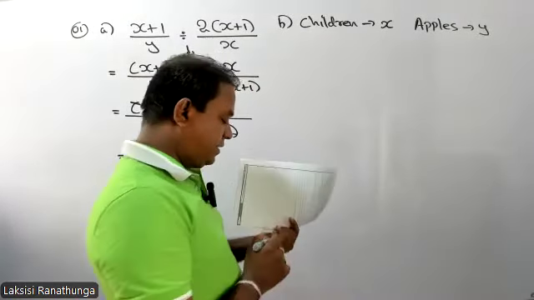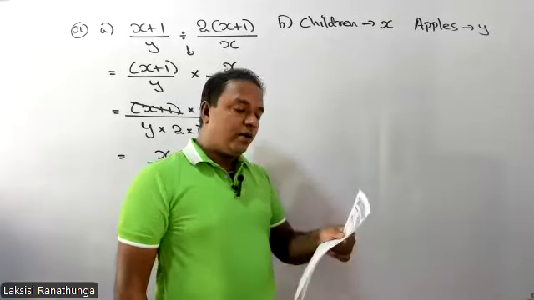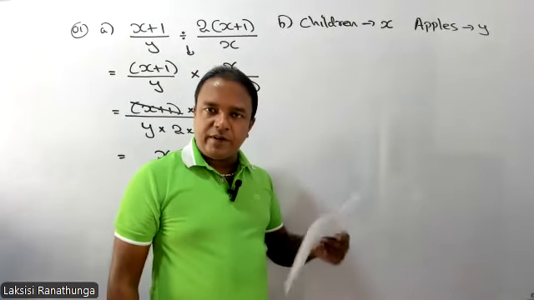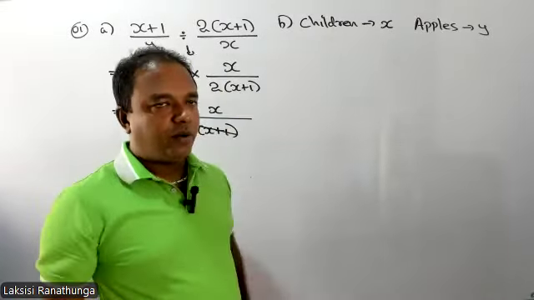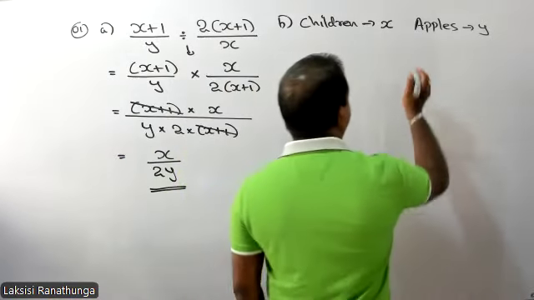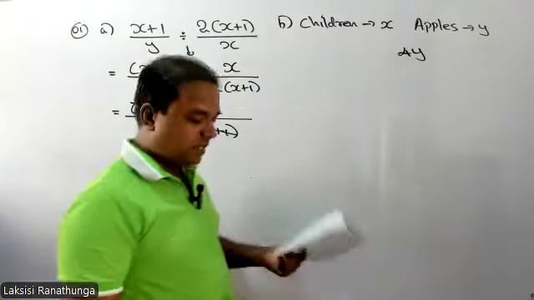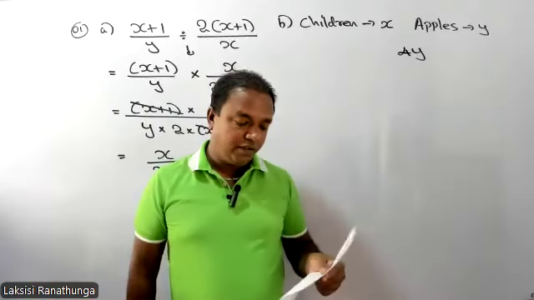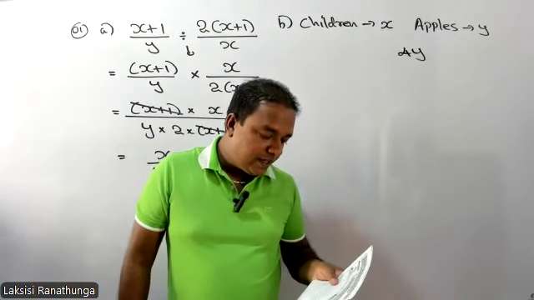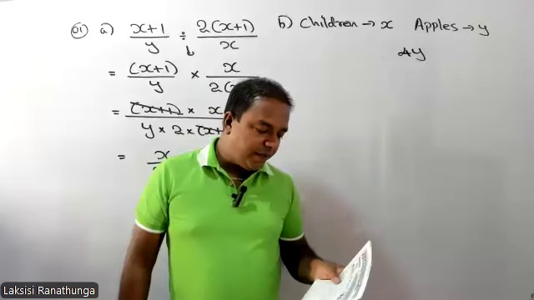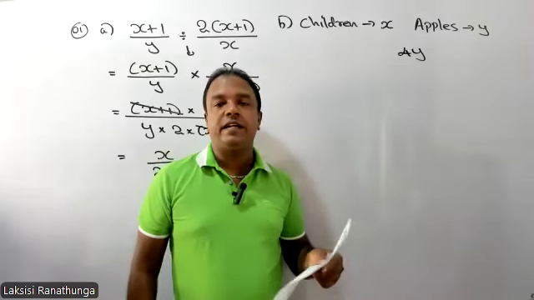Right. Again. When all apples are cut into 4 equal pieces, there are 4y pieces of apples. Then 1 piece is given to each child.